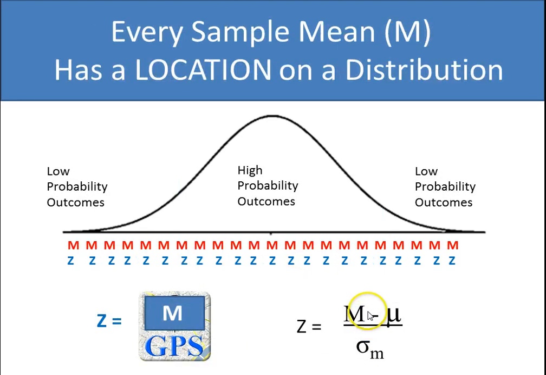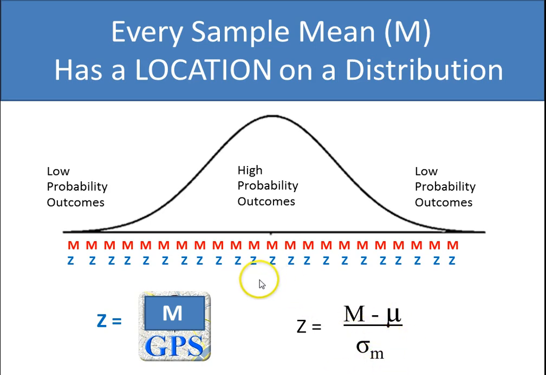Now we are going to look for the difference not between an x but a sample mean. So the z formula is going to be the sample mean minus the population mean divided by what's called the standard error, which I'll discuss later in the video.